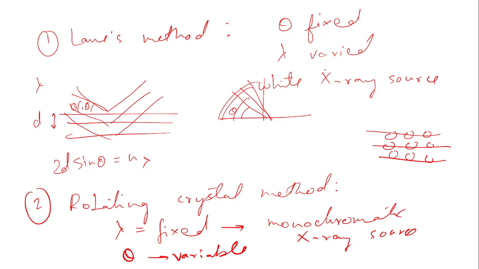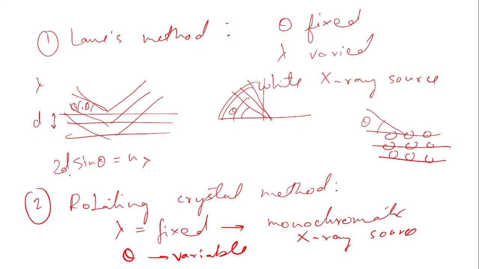In one, we keep theta fixed, the angle of incidence of the X-ray, but we change the wavelength. So the diffraction condition satisfaction will change and we will get diffraction from different planes. For the rotating crystal method, instead of changing wavelength, we keep the wavelength the same, but we change theta. d is anyway the same for one particular kind of unit crystal.